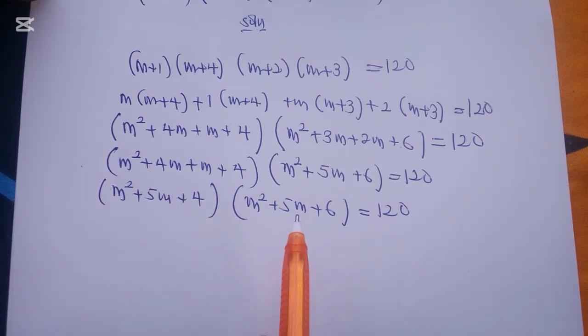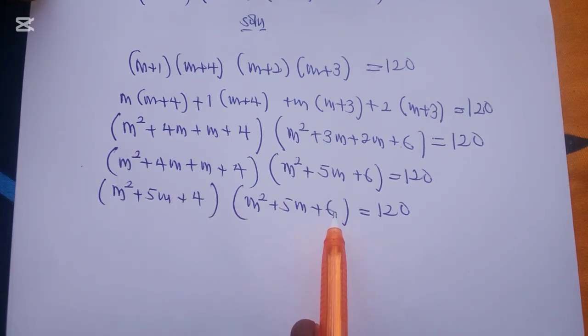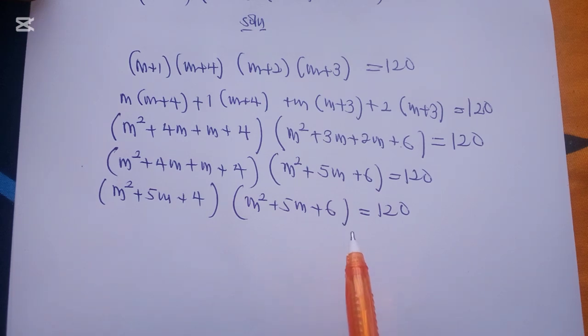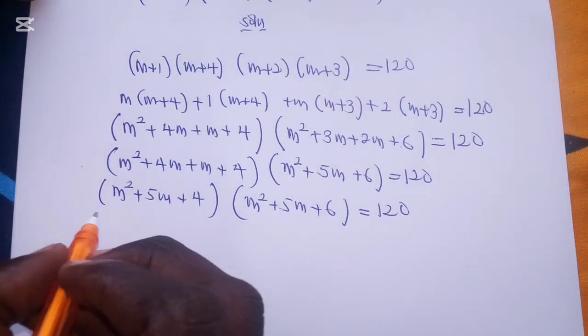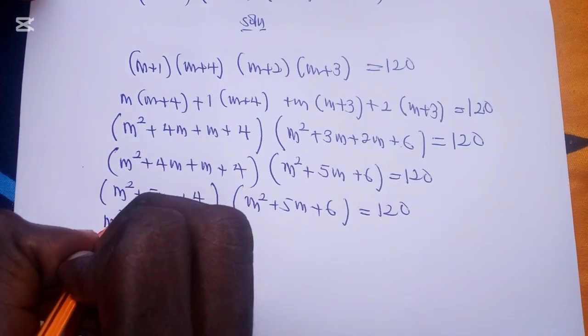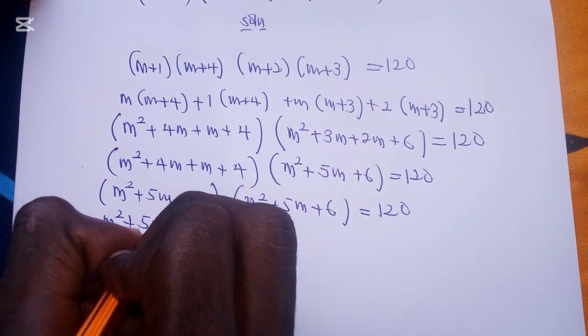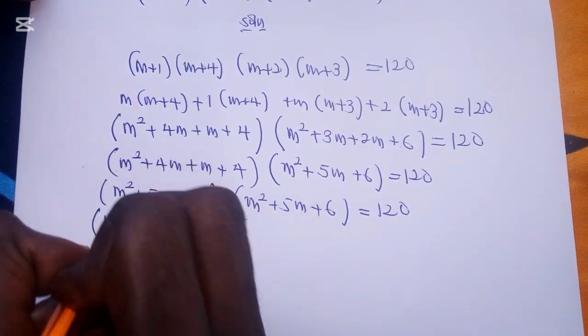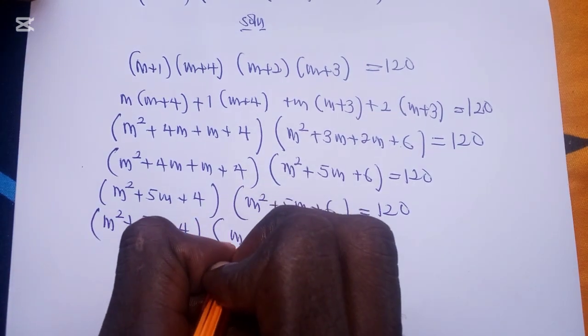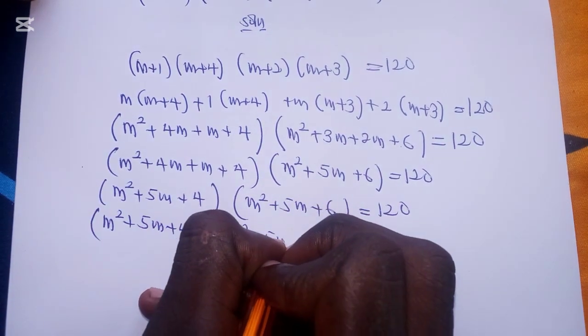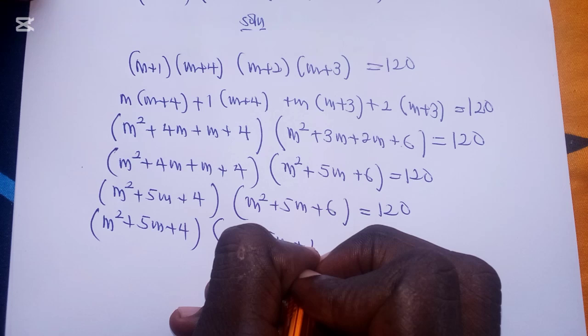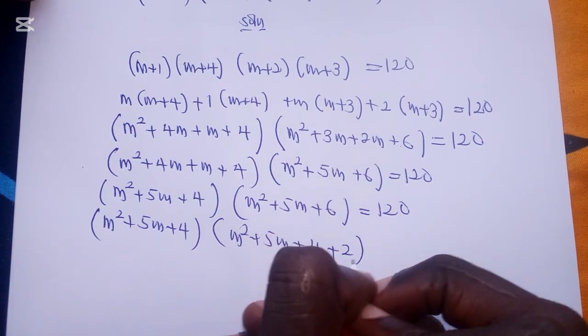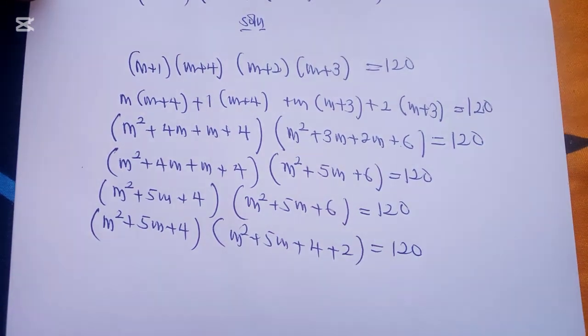For them to be the same, we can express this 6 as 4 plus 2. Then this is (m square plus 5m plus 4)(m square plus 5m plus 4 plus 2) equals 120.